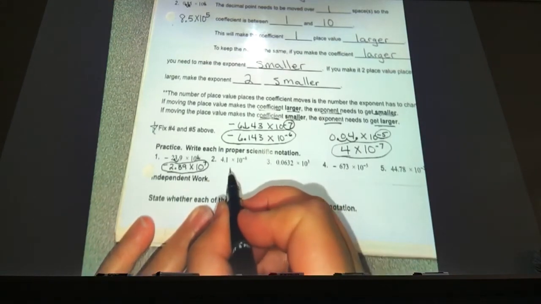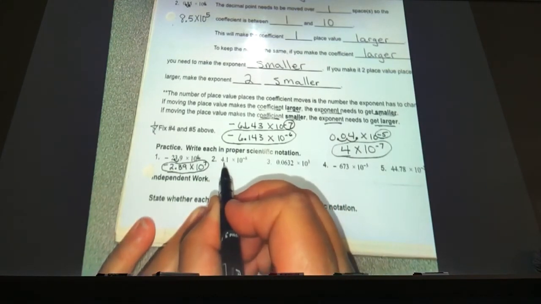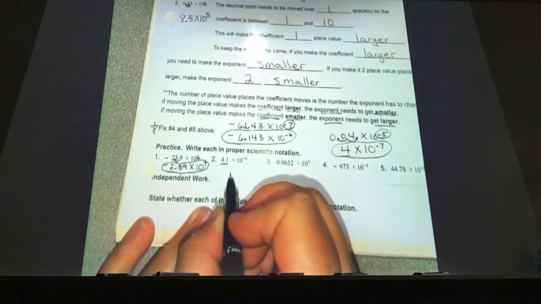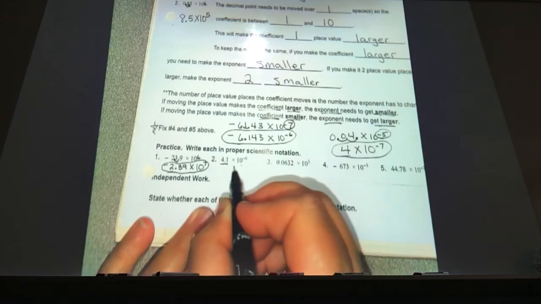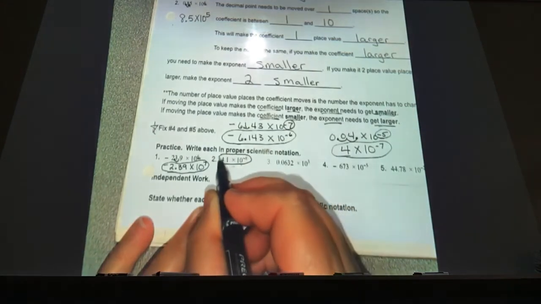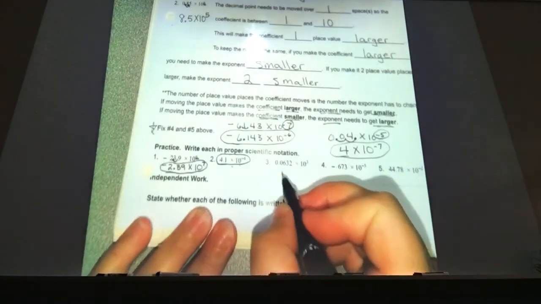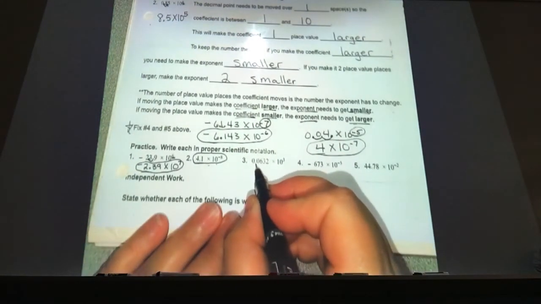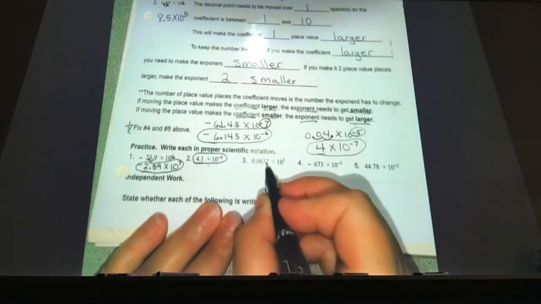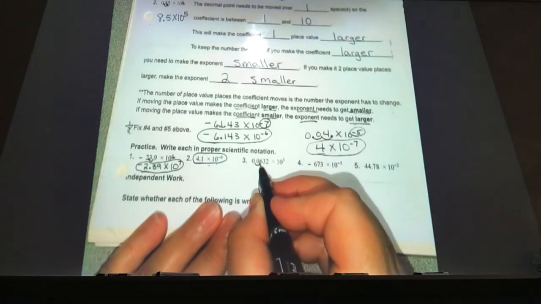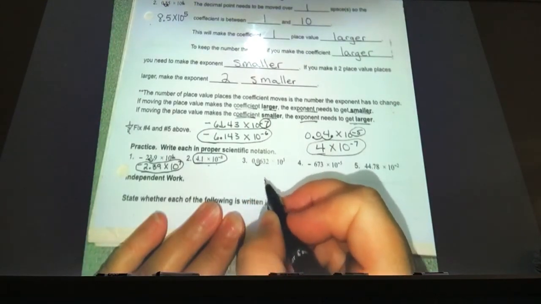On number 2, hey, that's already between 1 and 10. Times 10, that doesn't need to change at all, it's perfect. Let's see if this is proper scientific notation. Nope, not between 1 and 10. If I move it over 1, is it between 1 and 10? Nope.